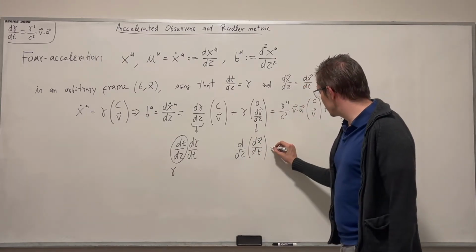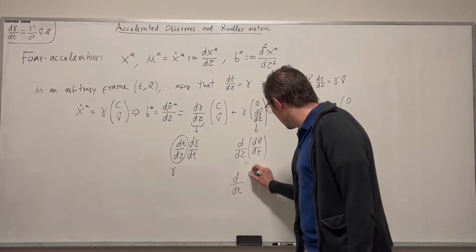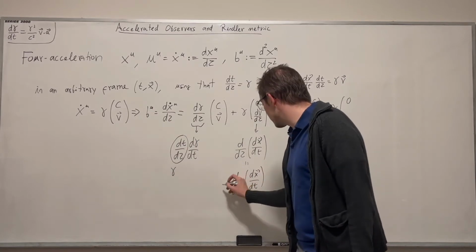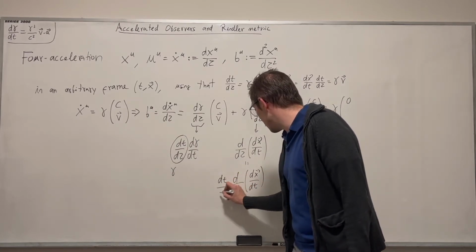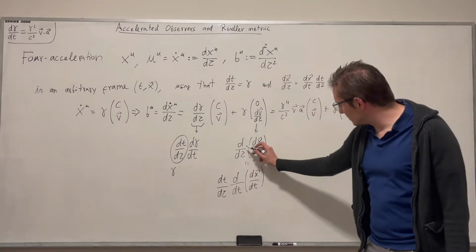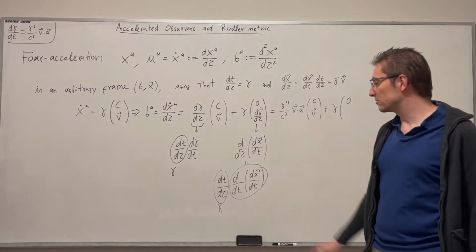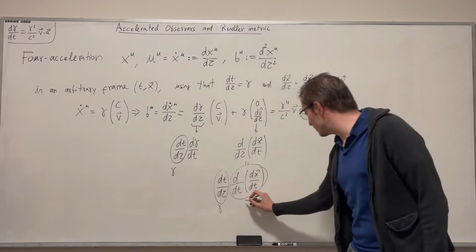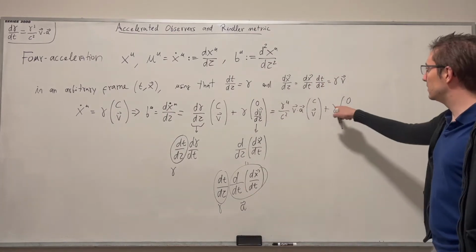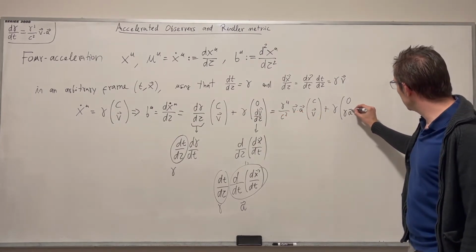All right, but using the chain rule again, this would be a gamma d/dt of dx/dt. This gives me a gamma factor, and this thing is the second derivative of x with respect to t in that frame, which is exactly the acceleration. Wonderful. So all that I need to write here is a gamma squared times the acceleration.